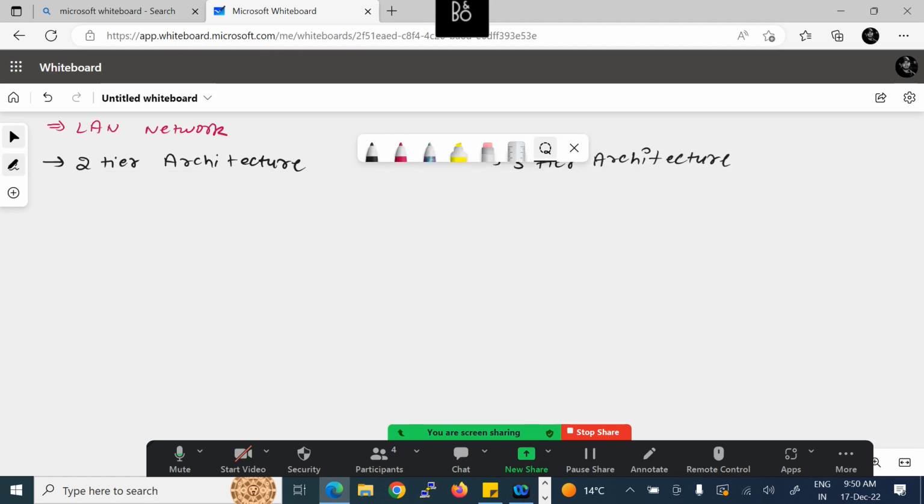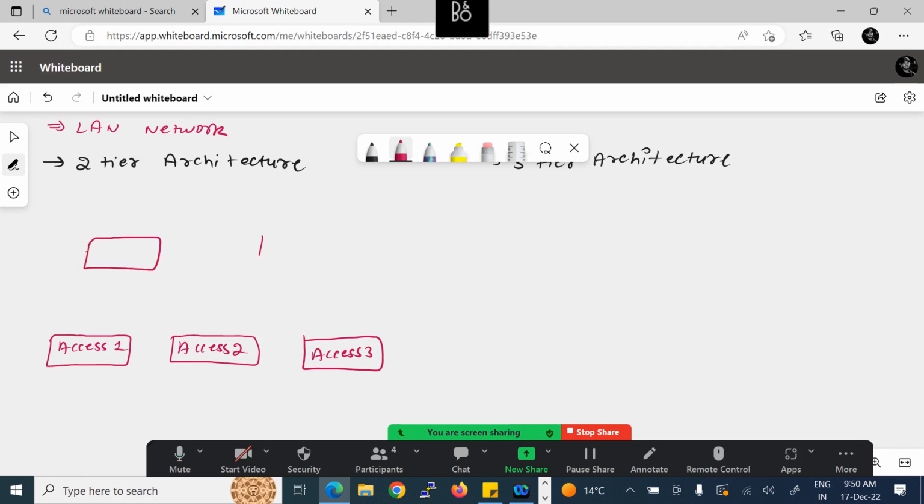So in a two-tier architecture, we have two layers. The first layer is the access layer. This is my access 1. This is my access 2. And this is my access layer 3 switch. All right. And then I have the distribution layer here.